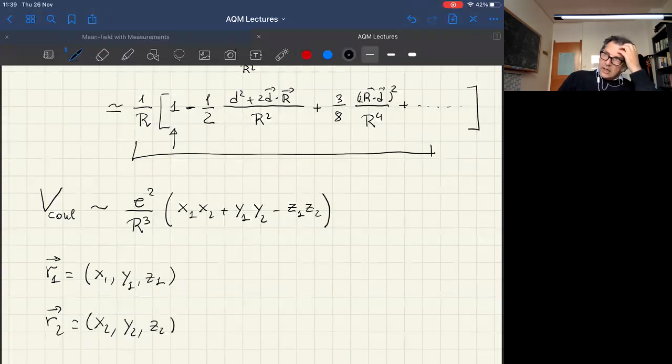Now, it is important that this result, you get it if you assume that R is along the z direction.